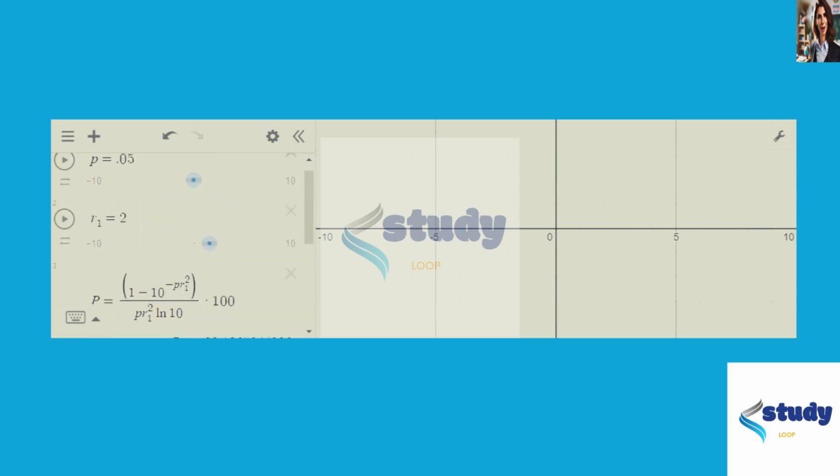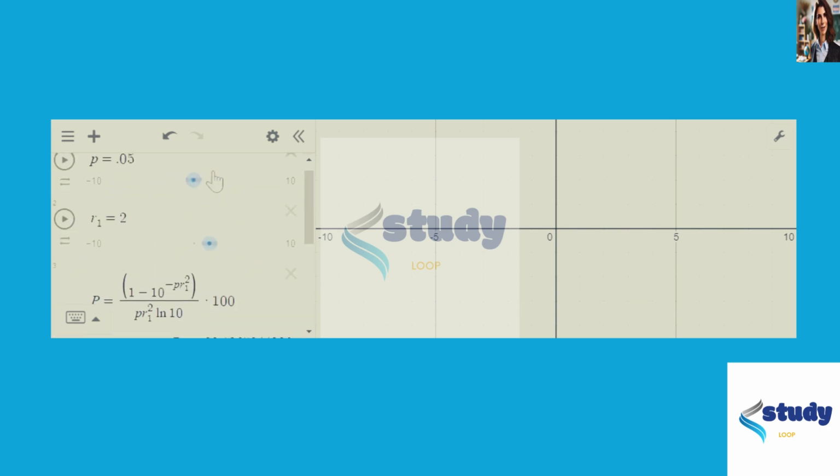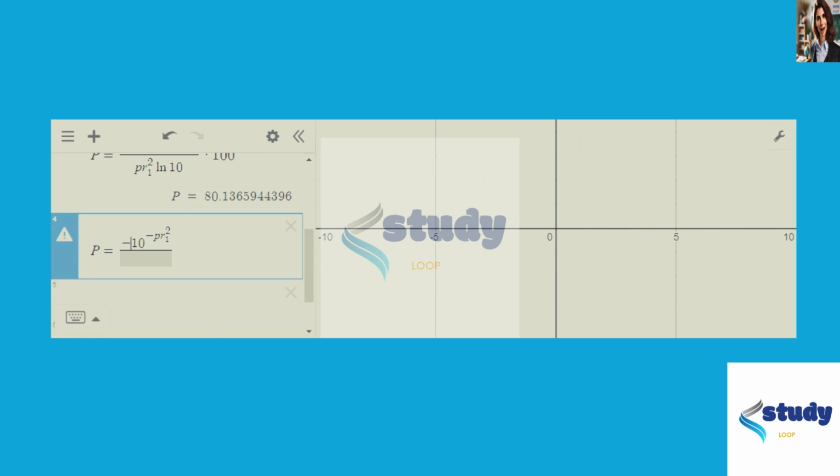So it'll be itself times the derivative of the inside with respect to R, which would be negative 2P R1. Now, I need to think about something here.